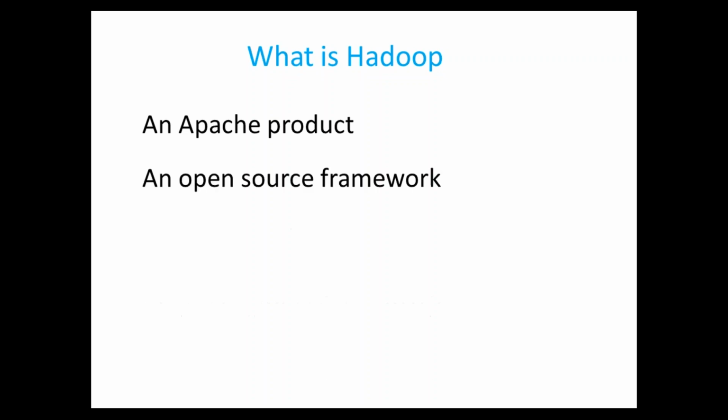And this is an open source framework. As we all are from an IT background, we very well understand the meaning of open source. That means you can go to the Apache website, you can download this software and you can use it for your personal use or maybe for your enterprise purpose. And there is no cost associated with that. It is available free of cost on the Apache website.